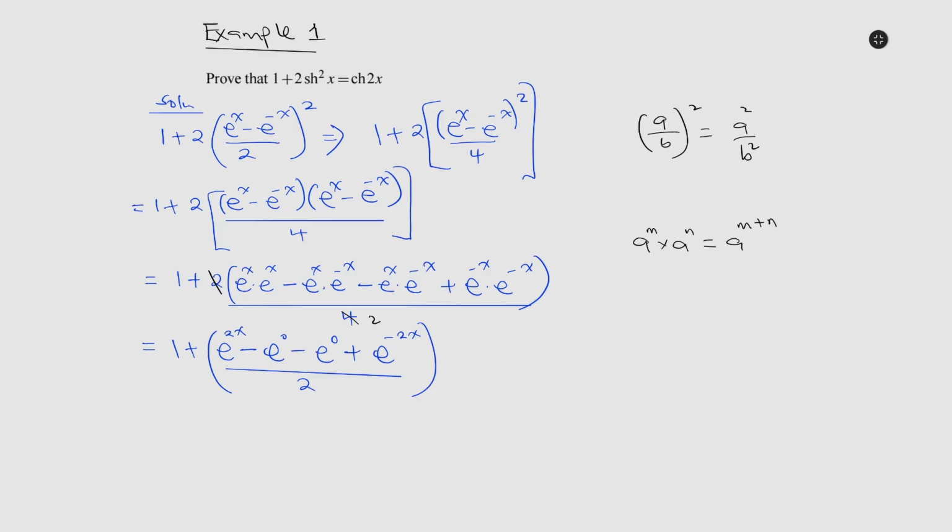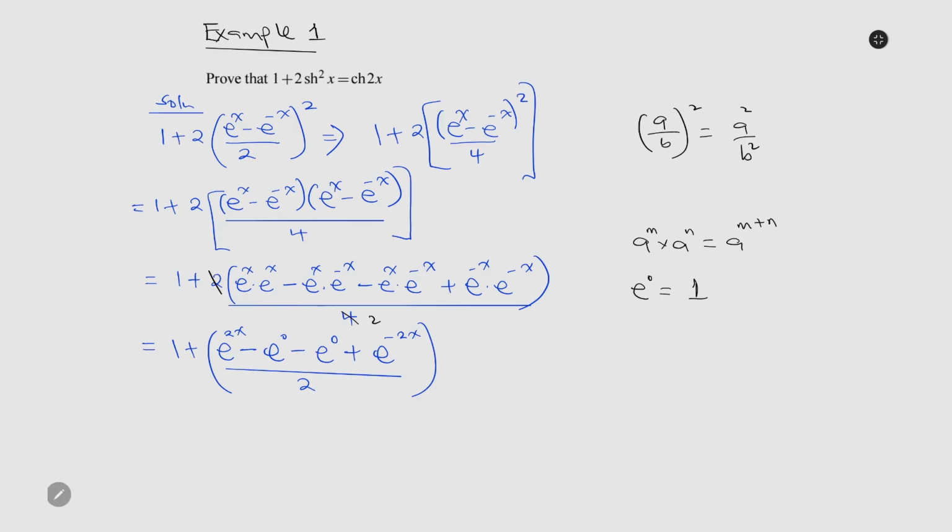By now you should see that you must have had a good foundation in algebra, specifically indices. From laws of indices, anything raised to power 0 is 1. So e raised to power 0 is giving us 1.